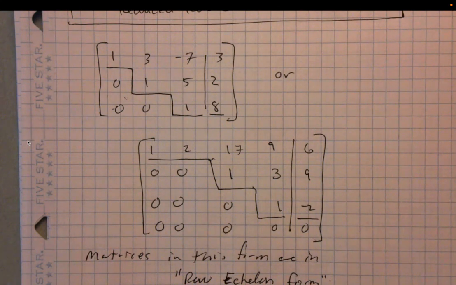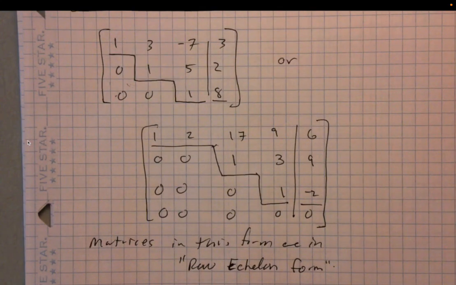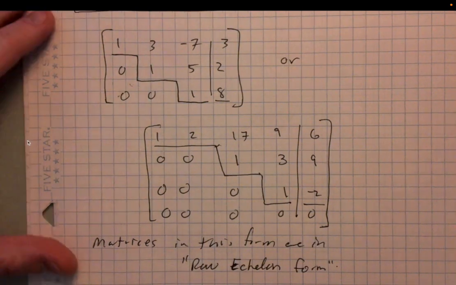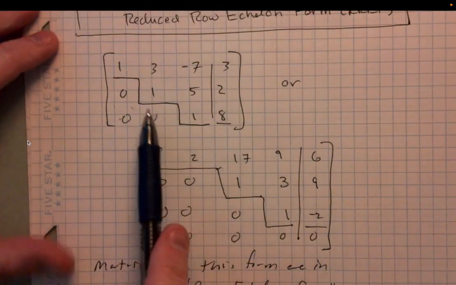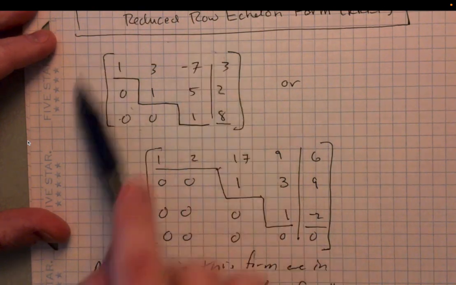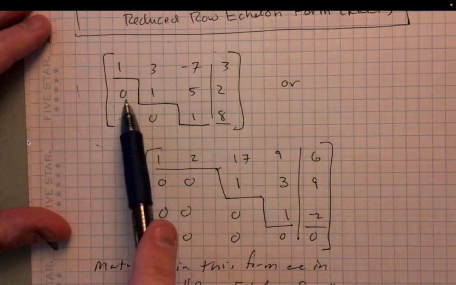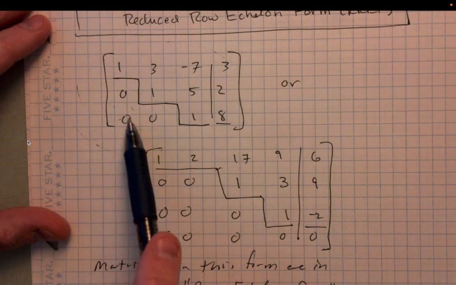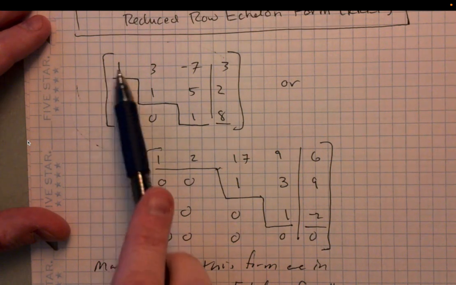Now, we can extend the Gaussian elimination. One obvious thing we could do would be to extend it to also deal with the values above the pivots. So, for example, in this matrix here, Gaussian elimination says just create zeros beneath the pivots.